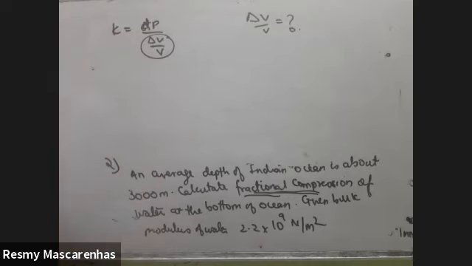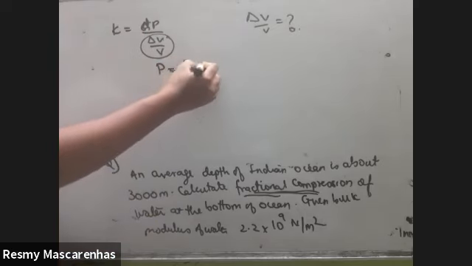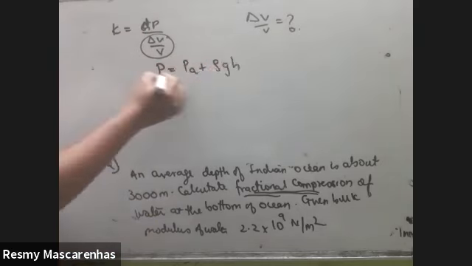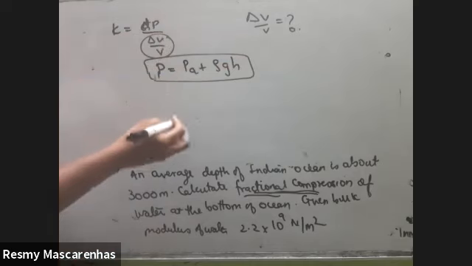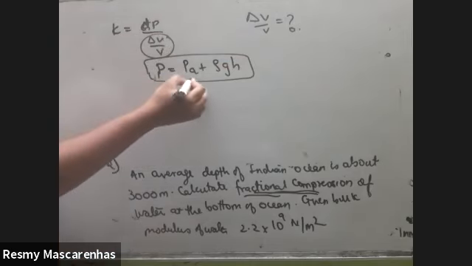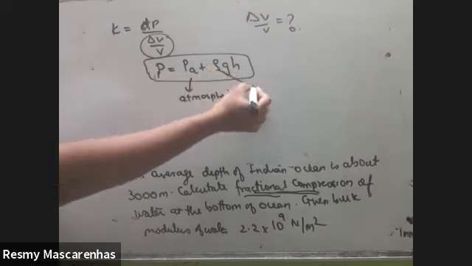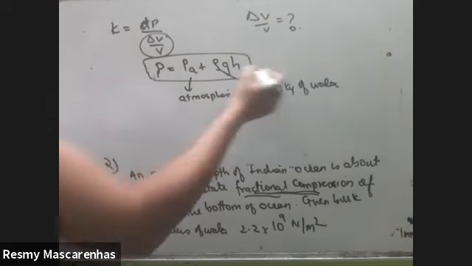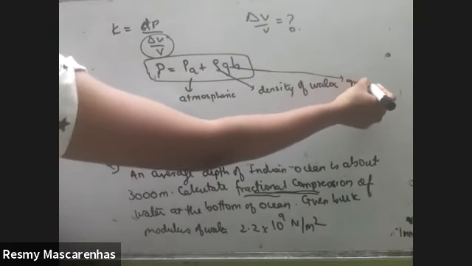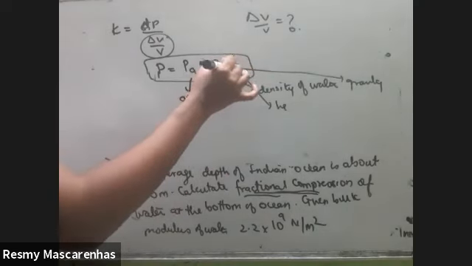So for the ocean, this is the formula. We want to calculate the pressure. This is called the atmospheric pressure. All these values are standard values. Rho is the density of water, g is the acceleration due to gravity, and h is the height.